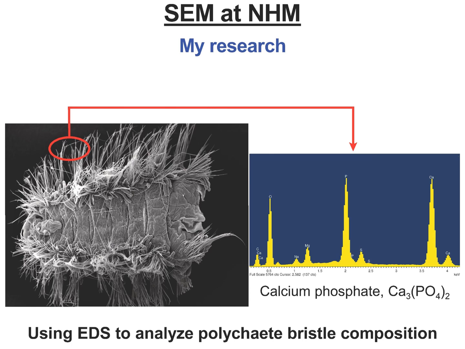Different types of X-rays are produced depending on the elements in the specimen, and EDS analyzes those X-rays. In my research, I discovered that the bristles of fireworms are composed of calcium phosphate, a finding that has not been reported before for polychaetes.